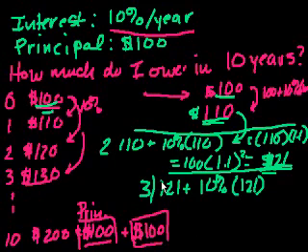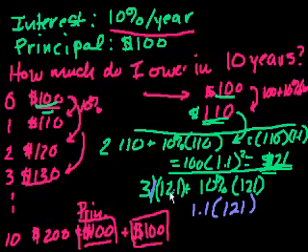And so that's the same thing. We could put parentheses around here. So that's the same thing as 1 times 121 plus 0.1 times 121. So that's the same thing as 1.1 times 121. Or another way of viewing it, that's equal to our original principal times 1.1 to the 3rd power.